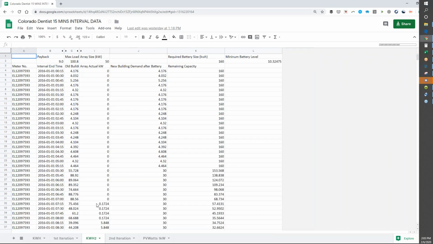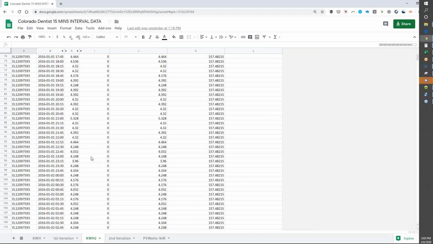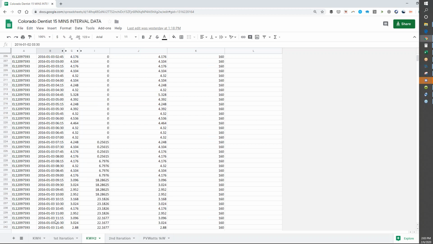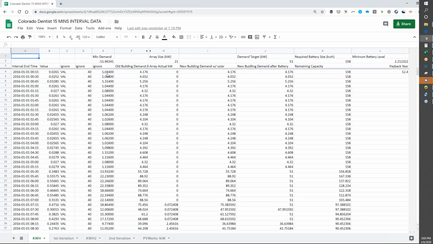As you'll be able to tell from this presentation, the problem is that crunching all this data is a computer intensive process. So what I've done here is I've taken my interval data and my PV watts data, and here I have a demand toggle so I can change my solar array size.